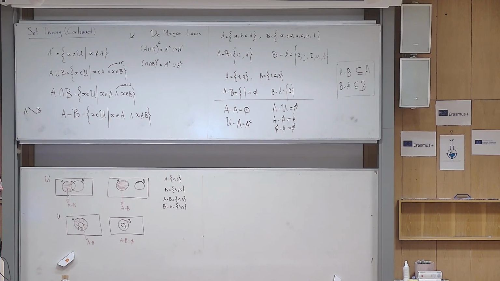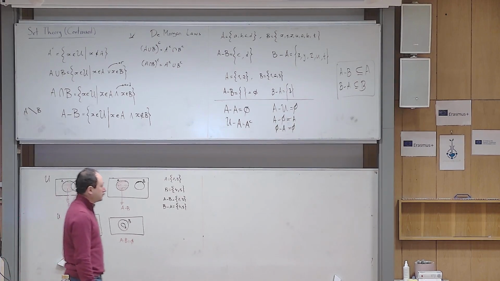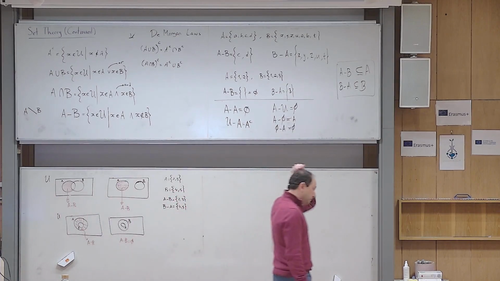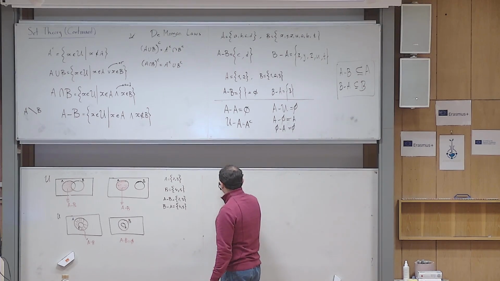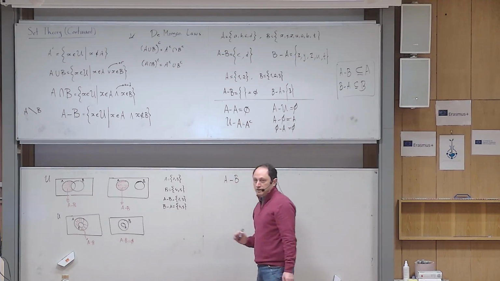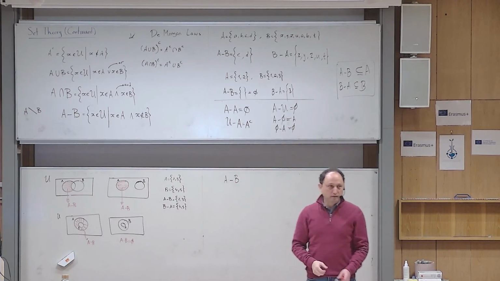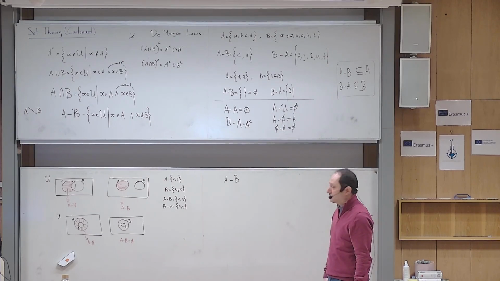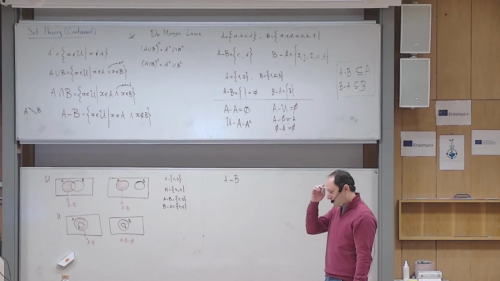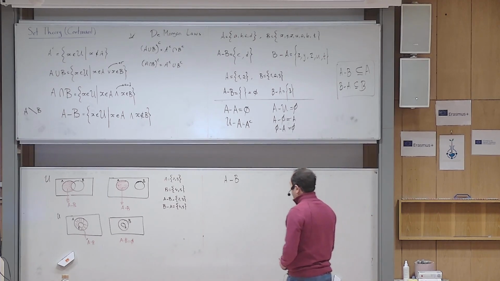But there is one important rule. This is in the book as an exercise, but I want you to remember it at least for this lesson so that we can have a little bit of fun. The theorem is this. I can call it a theorem, but this is not the way that the book mentions that. You know, we can get rid of the subtraction sign in favor of taking complement and intersection.